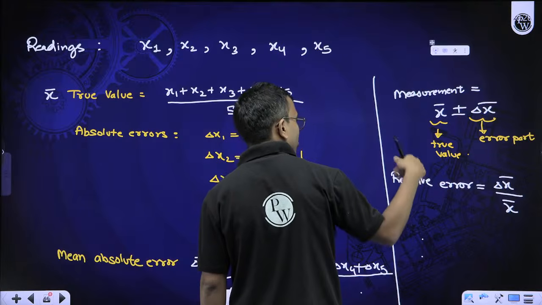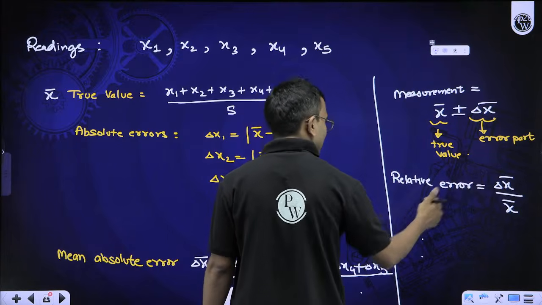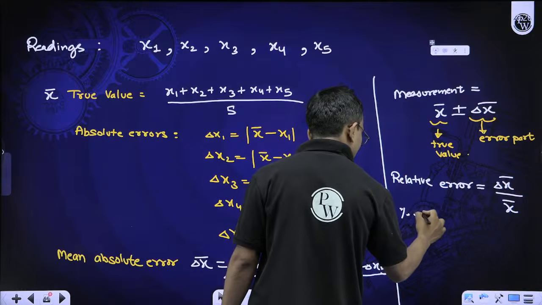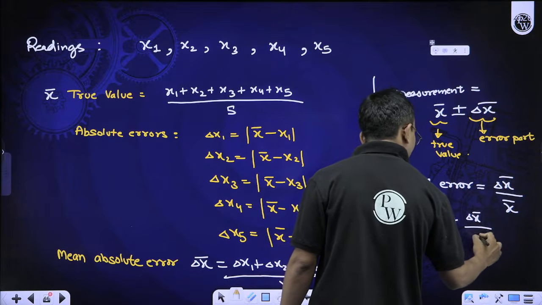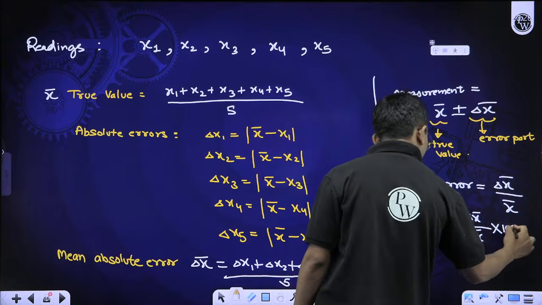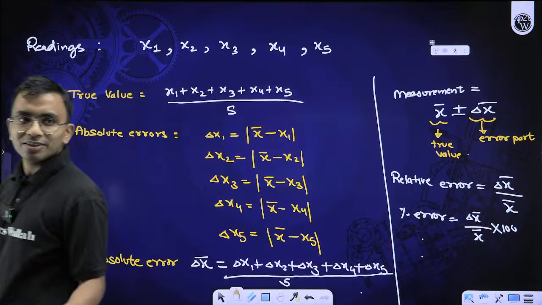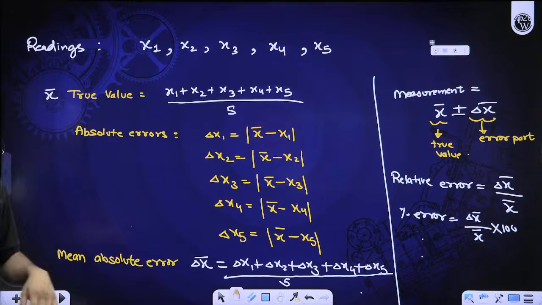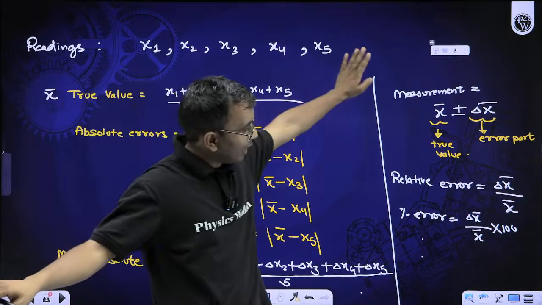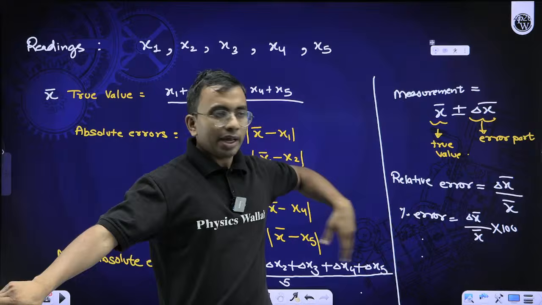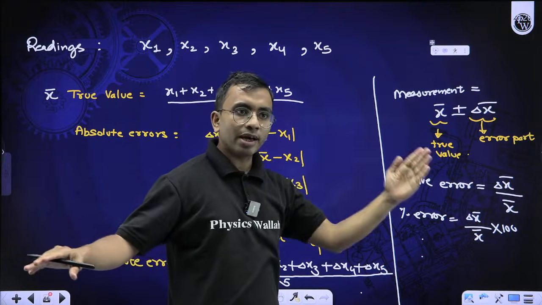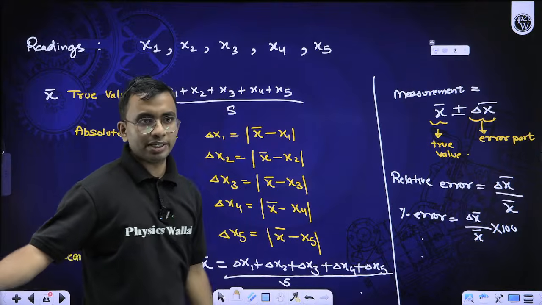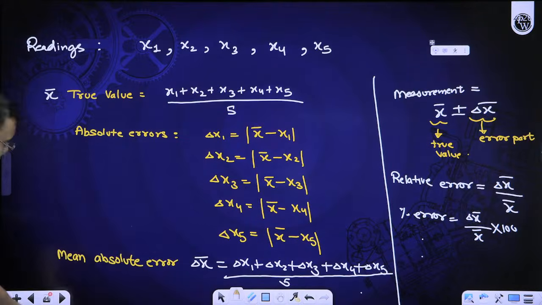If somebody asks you what is the percentage error, take the percentage of this, so multiply this with 100. It will be converted into percentage. Now here we are giving complete information: how much is my measurement and how much can be the error in that.